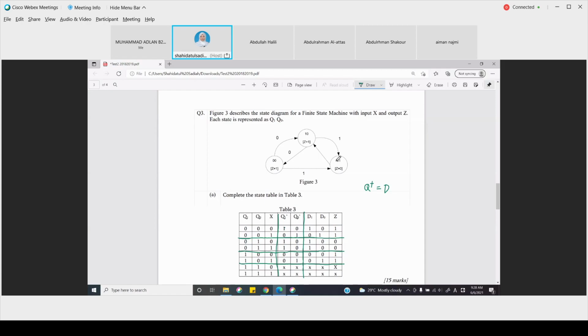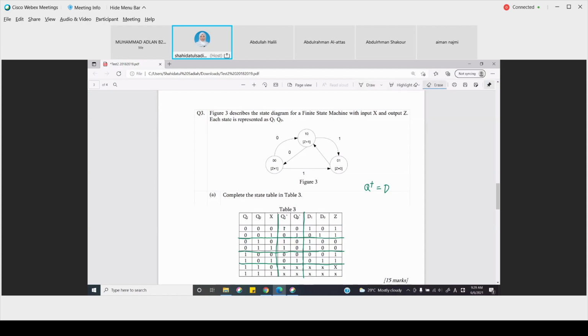Output is 0. I think I must have given you the incomplete questions. Okay, 0, 1. If input is 0, it's going to 1, 0. And if input is 1, oh, okay, it's not incomplete. Got it.